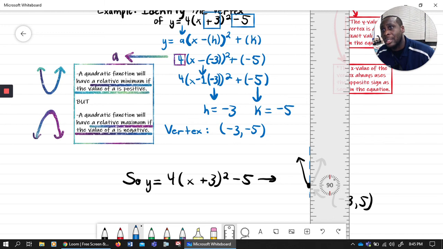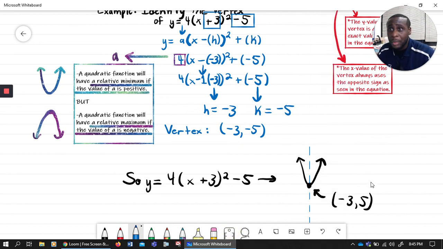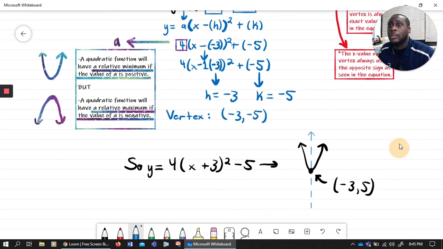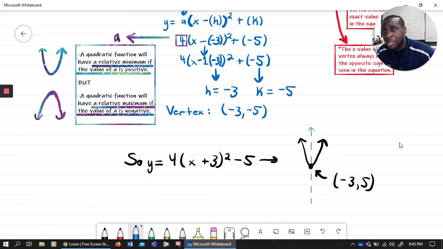And I'm making it dotted because a lot of times that axis of symmetry is not actually seen, but it's there. It is there. A lot of times it's just not seen though. Alright, so that axis of symmetry would be right there.